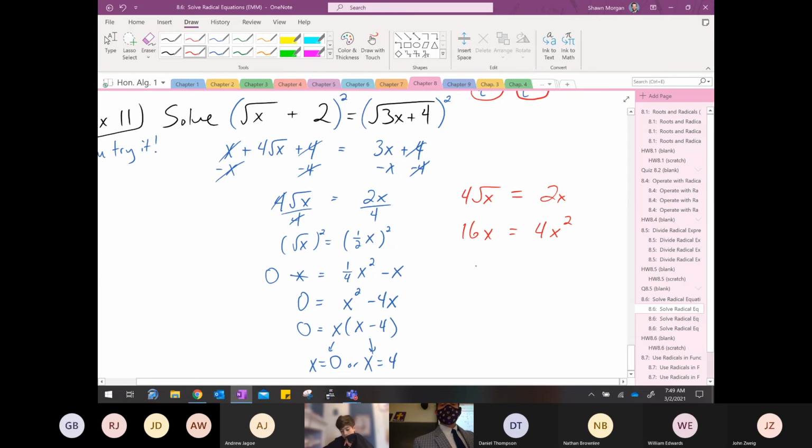And then subtracted 16x from both sides and gotten 0 equals 4x squared minus 16x. That same quadratic, you would then divide both sides by 4, and you get 0 equals x squared minus 4x, which should be obviously the same thing that we got over there.